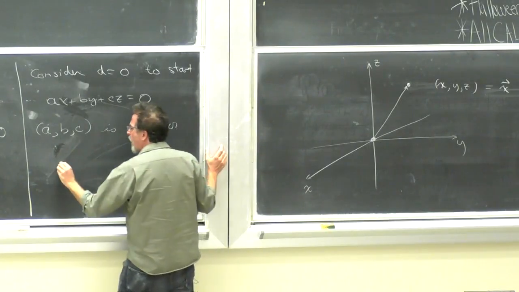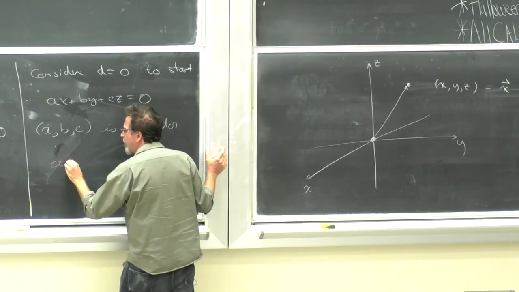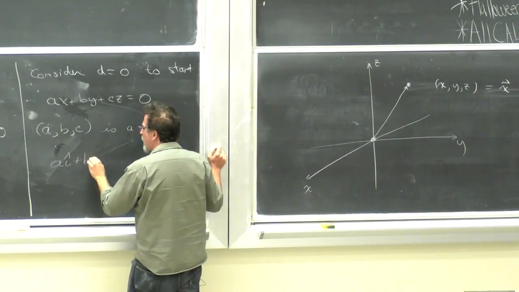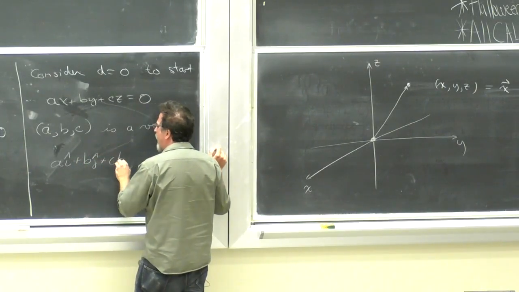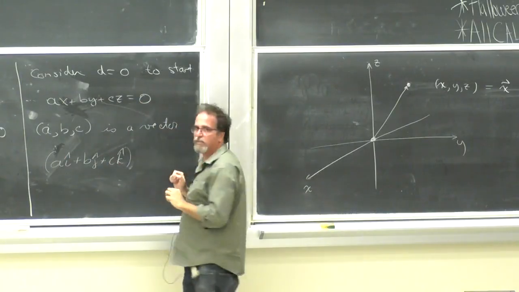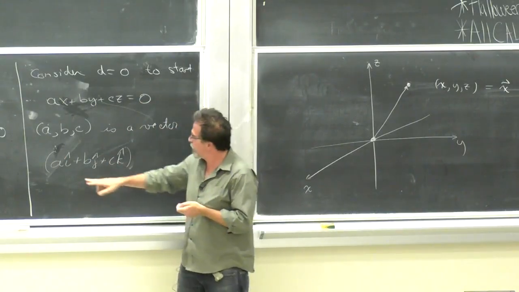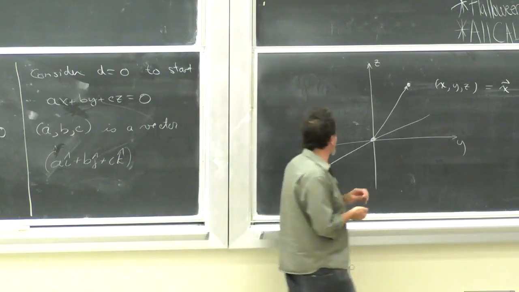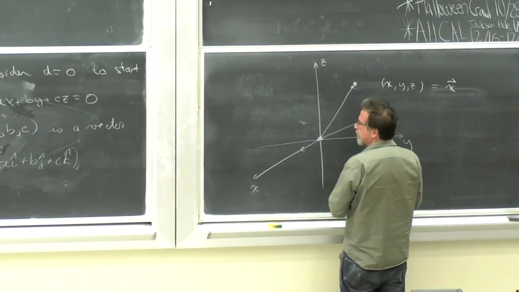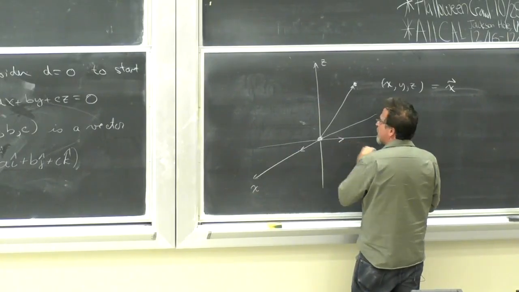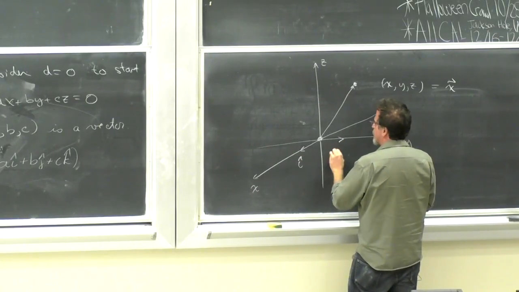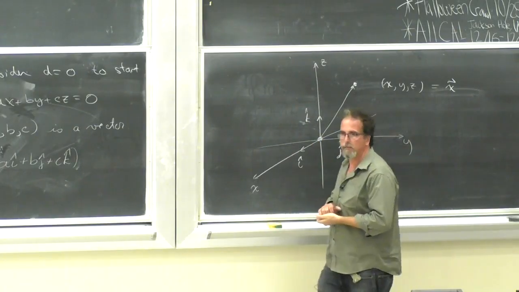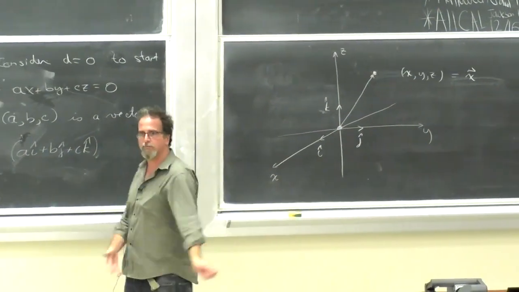But furthermore, I will note to you that if I write the vector a i hat plus b j hat plus c k hat, that's the vector written as components with the basis vectors i hat, j hat, and k hat, where i hat is the unit vector along the x-axis, j hat is the unit vector along the y-axis, and k hat is the unit vector along the z-axis. Okay? Always pointing up, always pointing right, always pointing forward, kind of thing.